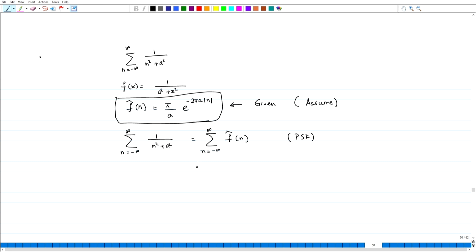Which by definition is pi by a times the summation over n from minus infinity to infinity of e to the power minus 2 pi a mod of n.